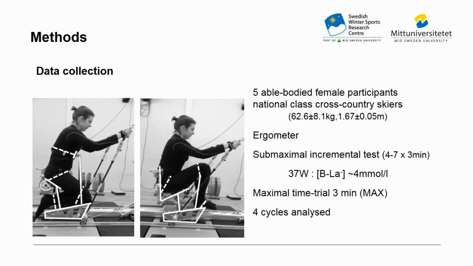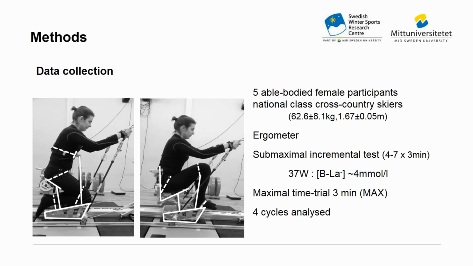So the design: we tested these two positions in a laboratory on a double poling ergometer with 5 able-bodied female participants. They were national class cross-country skiers. The tests were separated by a minimum of 48 hours, and they performed a submaximal incremental test, which means that they had 3 minutes, then a 1 minute rest, and 3 minutes again at a higher intensity, like a stair.